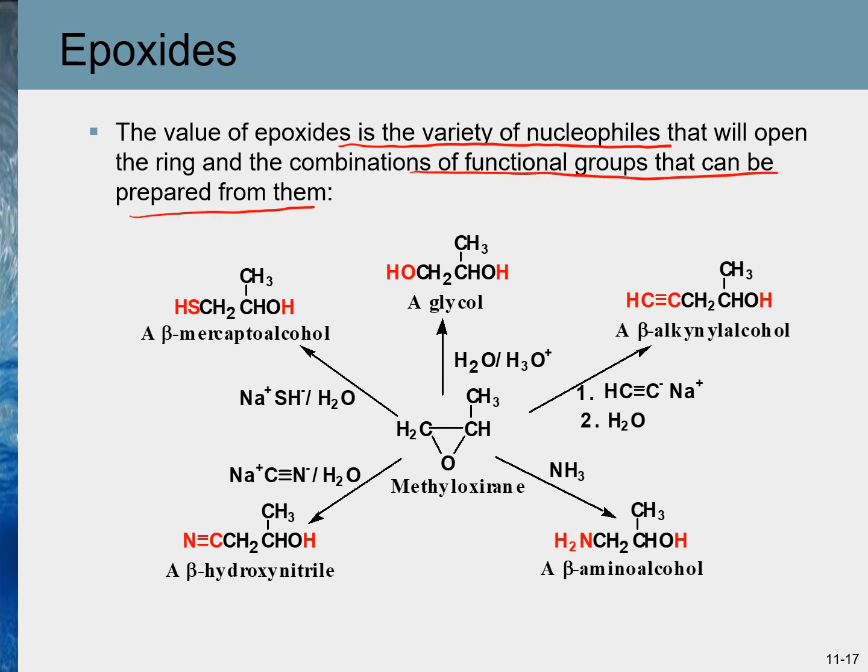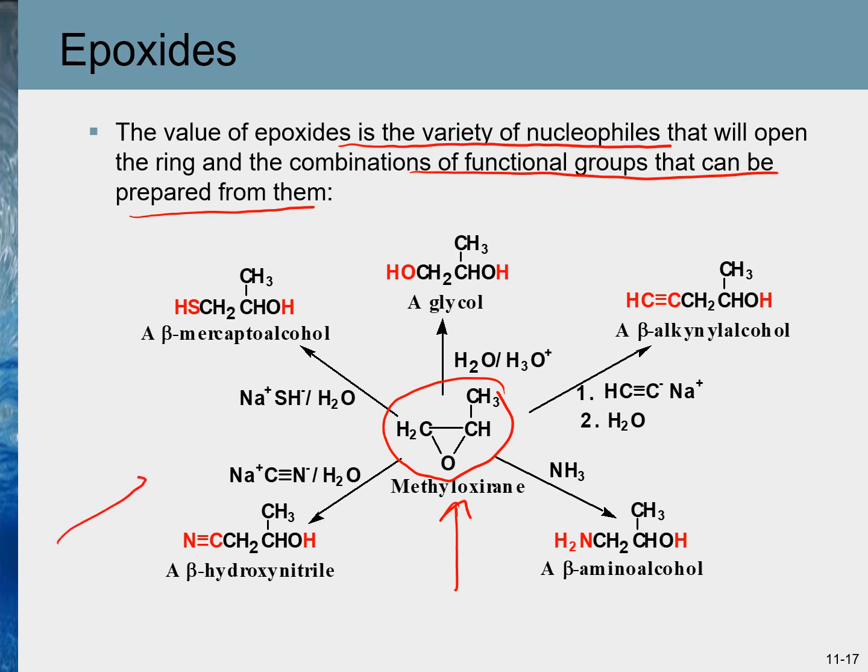So therefore, oxiranes can act as starting materials, and the ring opening reactions of oxiranes using different nucleophiles will result in formation of different kinds of organic compounds with different functional groups.